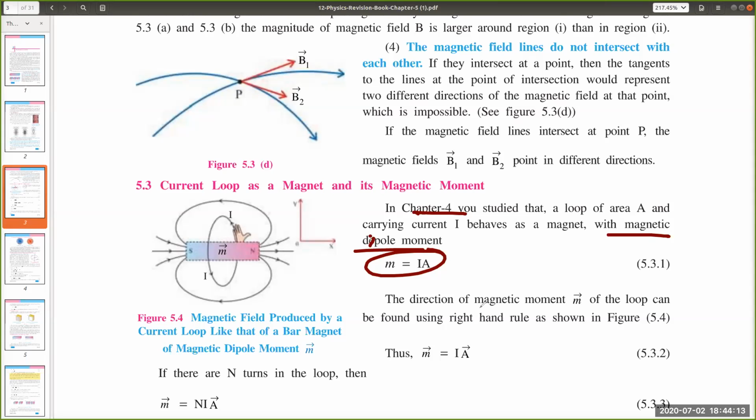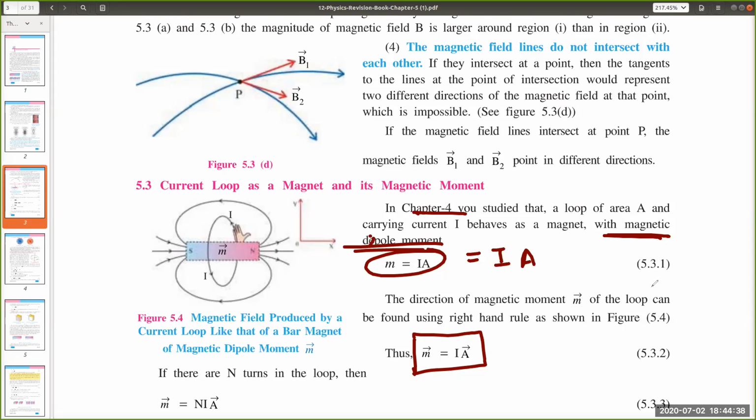And it is a vector. You write this is a vector. Magnetic dipole moment M is a vector. It is equal to I into A. Better write this one: M bar is I into A bar.